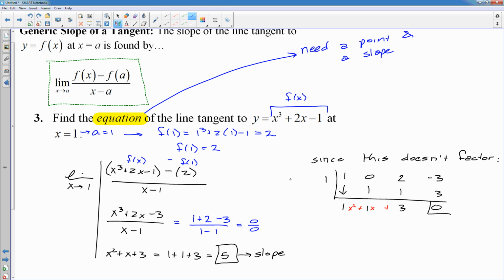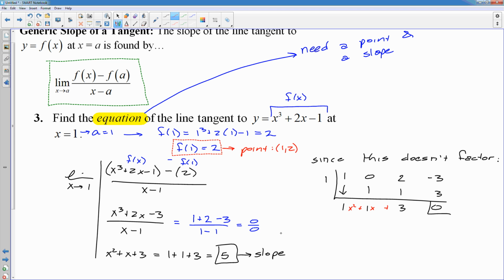We also need a point, but we actually found the point right here. When I plugged in 1 for x, I got a y coordinate of 2. So that's my point of 1, 2.